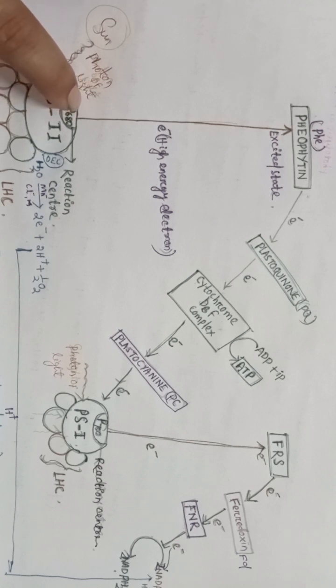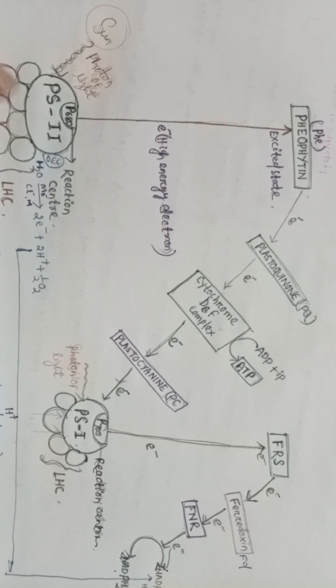Now this reaction center also has electron deficiency. So what happens? In the lumen of the thylakoid, the splitting of water takes place.